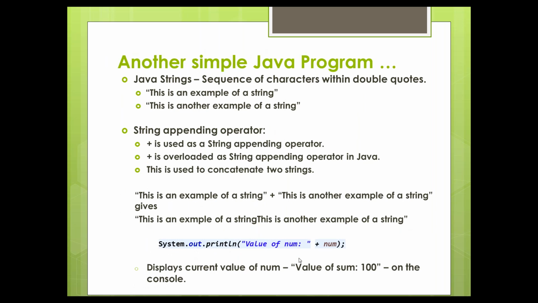Assume that we have stored a value of 100 in num. That is a variable where we can store our integer value. I'm stressing it is an integer value because we have specified the data type of num as int. What is the use of storing a value in a memory location?